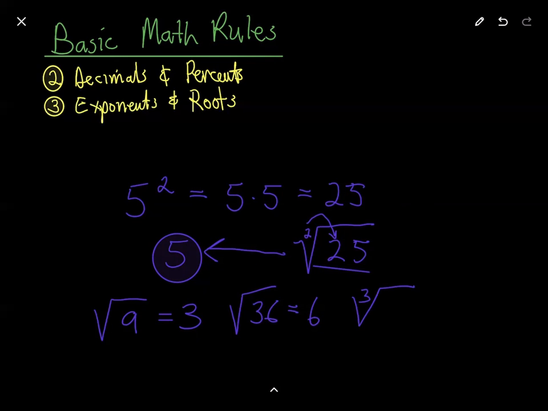So if I had the cube root of 8, for example, what are 3 numbers multiplied together that equal 8? That turns out to be 2, because 2 times 2 times 2, 2 times 2 is 4, 4 times 2 is 8. So those are exponents and roots and what that's kind of all about.